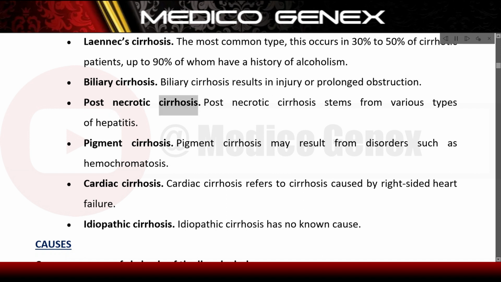Post-necrotic cirrhosis. Post-necrotic cirrhosis stems from various types of hepatitis. Pigment cirrhosis. Pigment cirrhosis may result from disorders such as hemochromatosis. Cardiac cirrhosis. Cardiac cirrhosis refers to cirrhosis caused by right-sided heart failure. Idiopathic cirrhosis. Idiopathic cirrhosis has no known causes.